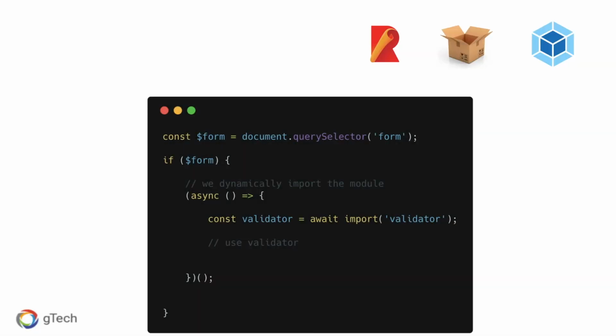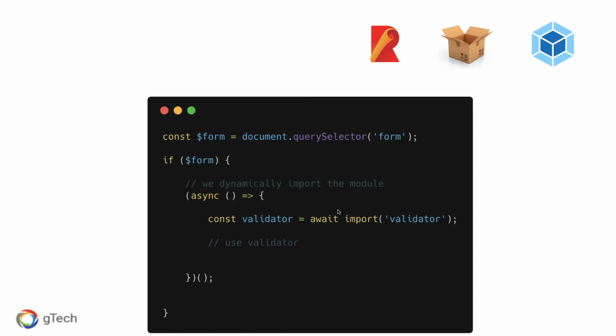So, quick example. Let's say we are on a page, and this page contains a form. To validate user inputs, I use a library called Validator. And Validator has really handy methods like isEmail, for example, to check if a given string is an email. And here with code splitting, what I do is first I check if our page contains a form, with querySelector form.